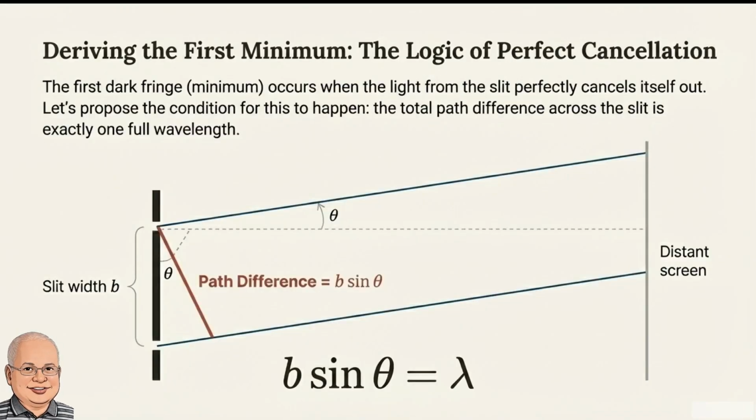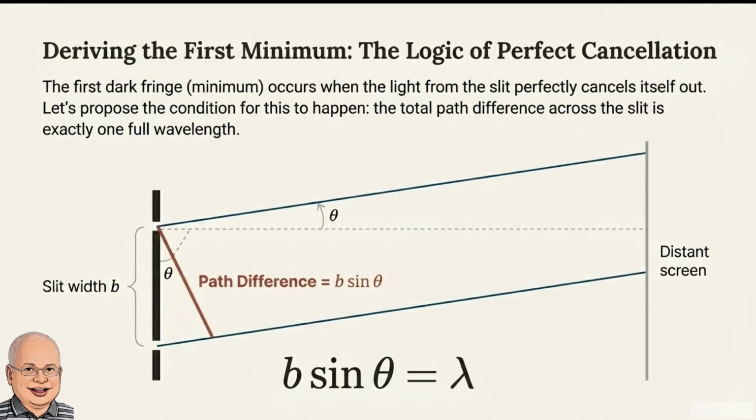Now, how do we get the first minima? After that bright spot at the center, how do you get the minimum? The logic for perfect cancellation. What is the logic? The first dark fringe, or the minimum, will occur when light from the slit perfectly cancels itself out.